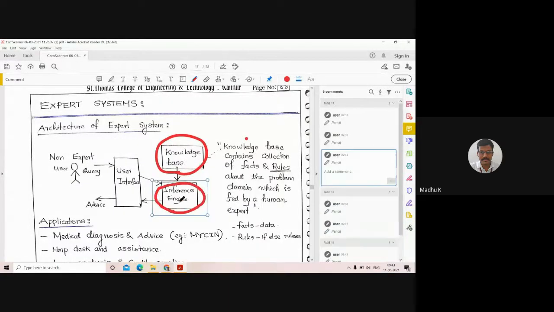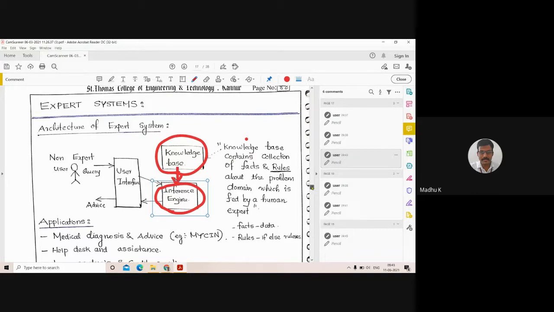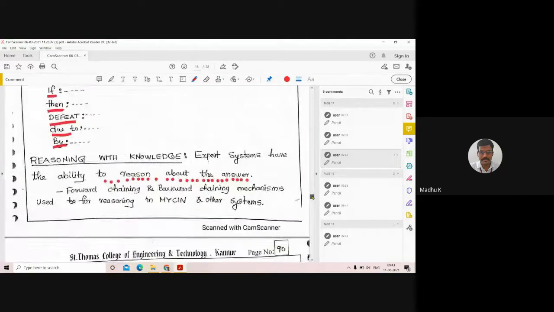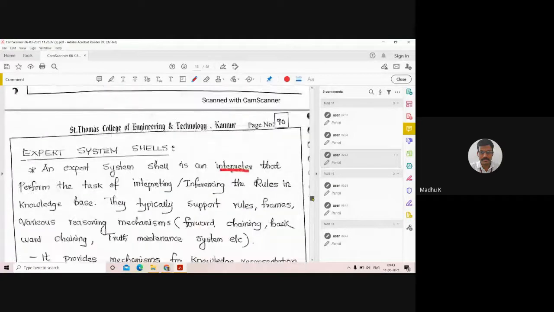What is the job of this inference engine? It will take the rules and data from the knowledge base and execute them. So the expert system shell basically performs that task, the inference engine.